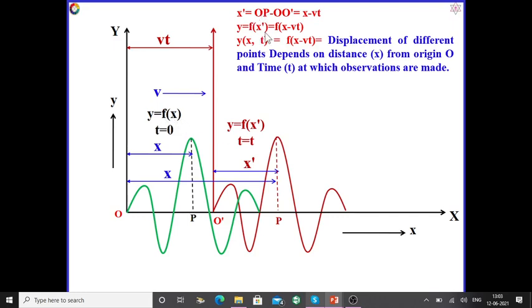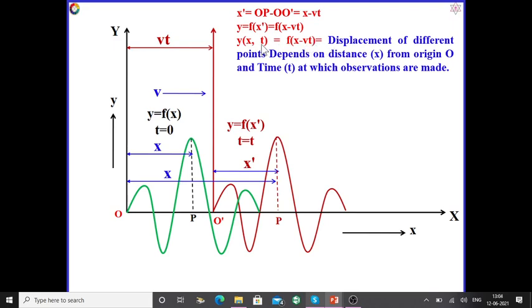But after time t, what will the disturbance be? The disturbance can be represented by f of x minus vt, because this pulse is moving towards the positive x-axis direction, so it will be a function of x minus vt. y(x,t) will be f of x minus vt.